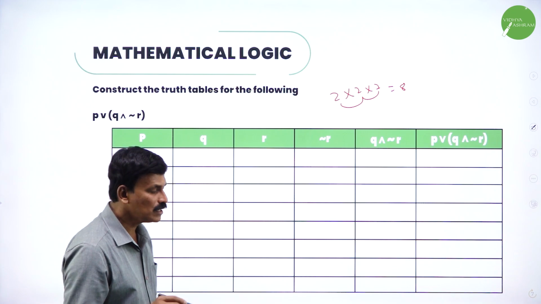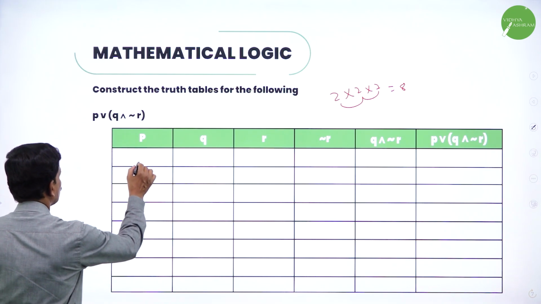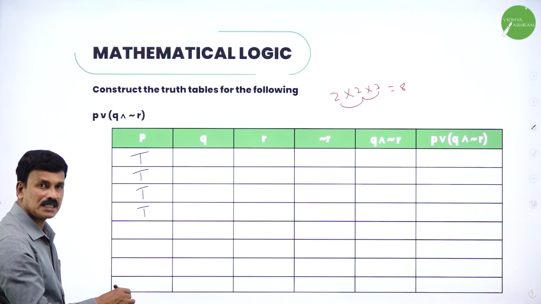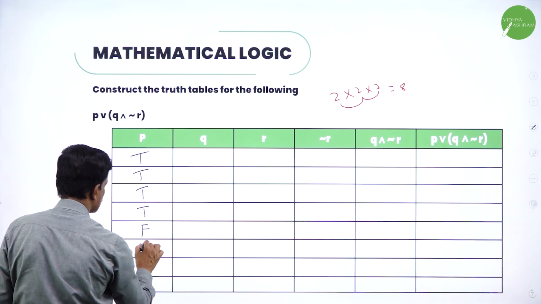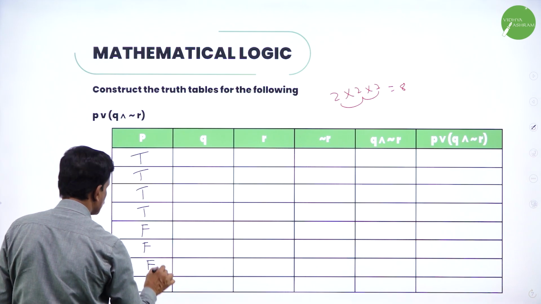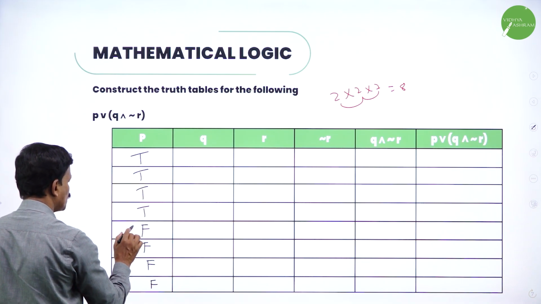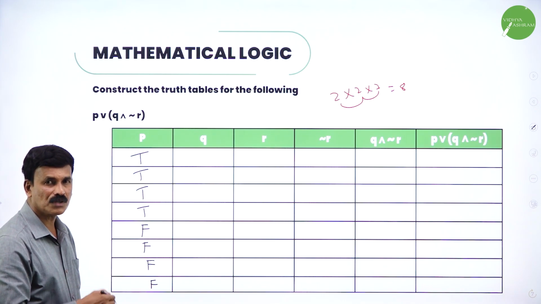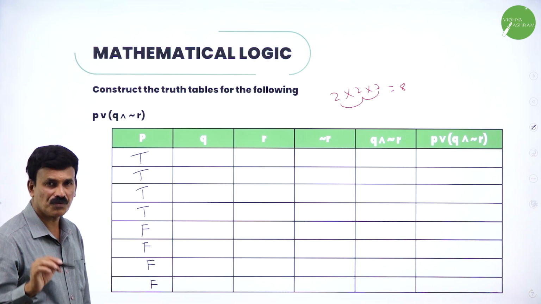So for P, let us take the first 4 as true, and the remaining 4 are false. So total 8: 1, 2, 3, 4, 5, 6, 7, 8. First 4 true, next 4 false.